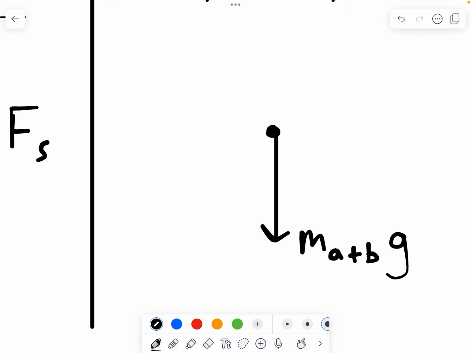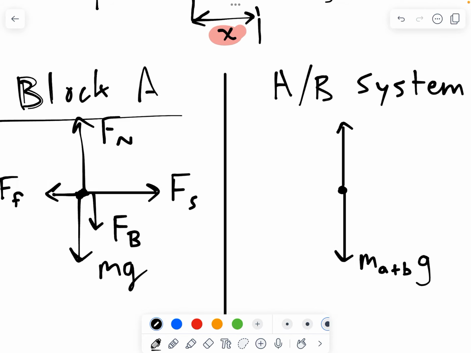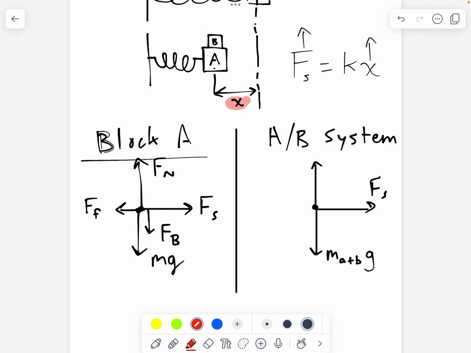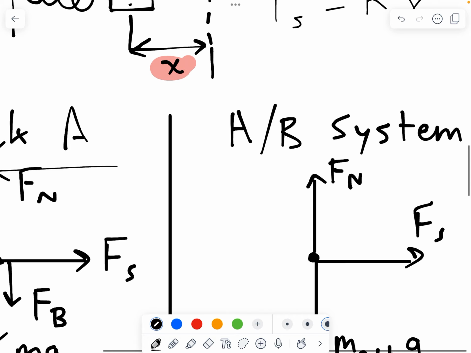Then we have a normal force pushing back up, and now we have the same spring force pushing to the side. Now we don't have to model this friction force between the blocks because that is now an internal force. Sorry, I forgot to label the normal force.